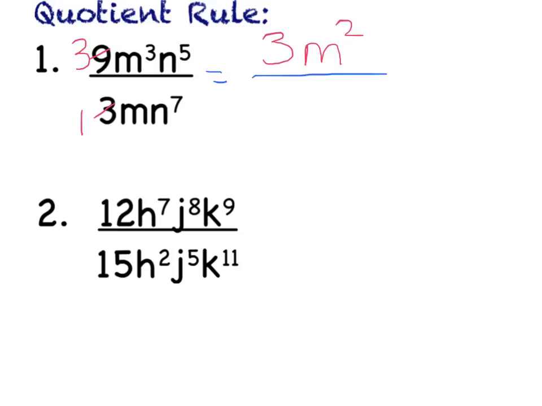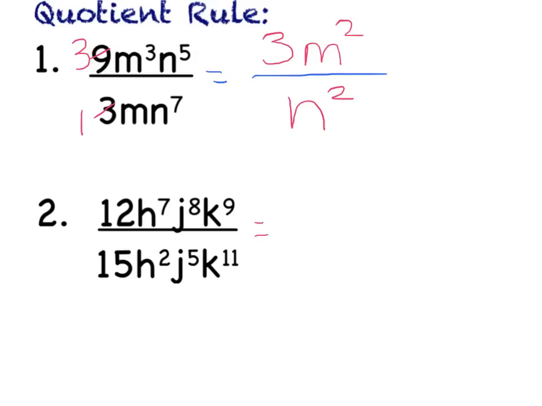So my 2 n's that I'm going to have left over are going to remain in the denominator. So my final answer is 3 m squared over n squared. And again, n is in the denominator because I have more n's in my denominator than I do have in my numerator.